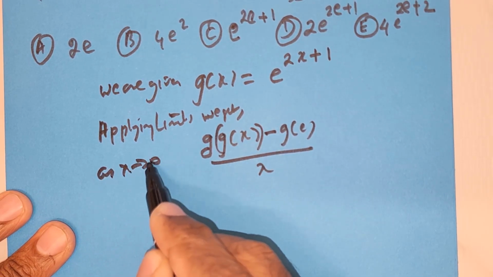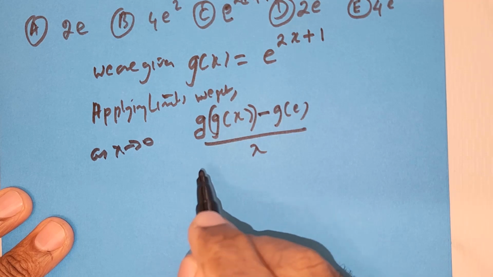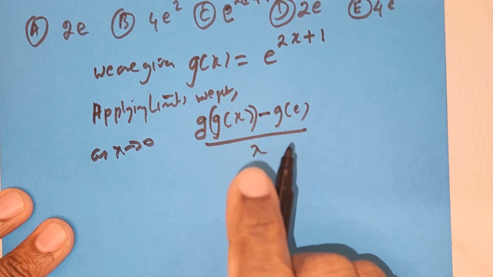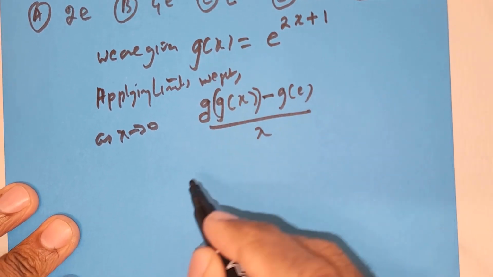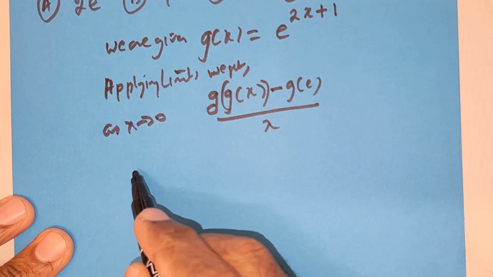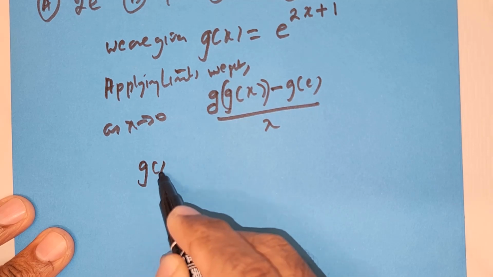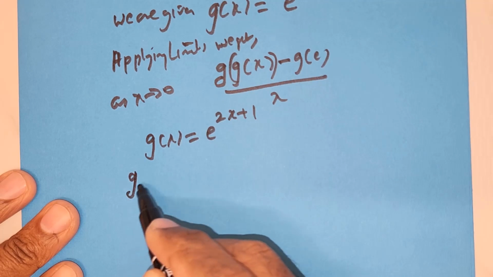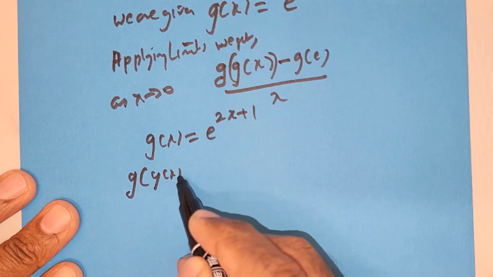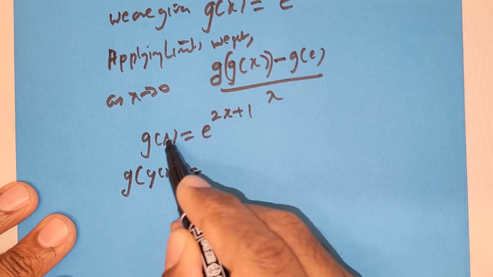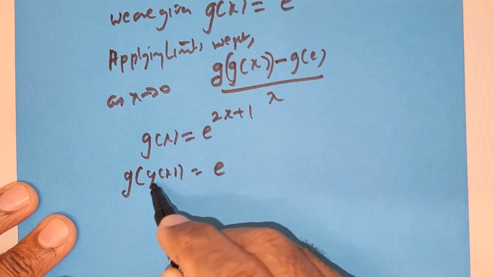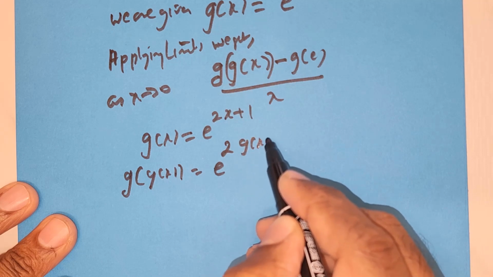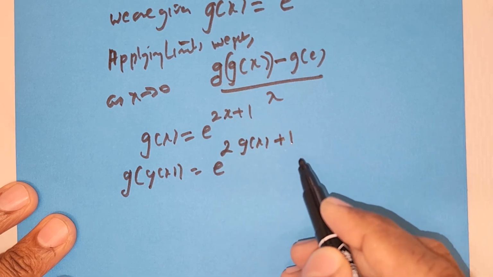So as x tends to 0, you will have to first find out each of these values, and that's exactly what I'm going to be doing. Now g of x is e raised to the power of 2x plus 1. So g of g of x is going to be, in place of x we substitute g of x, so e raised to the power of 2 times g of x plus 1.